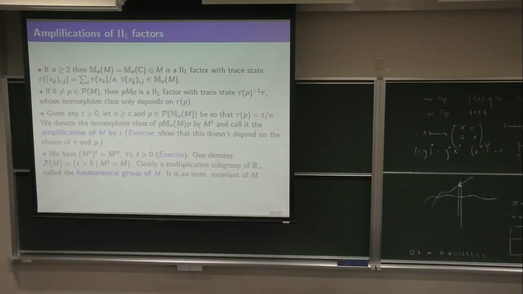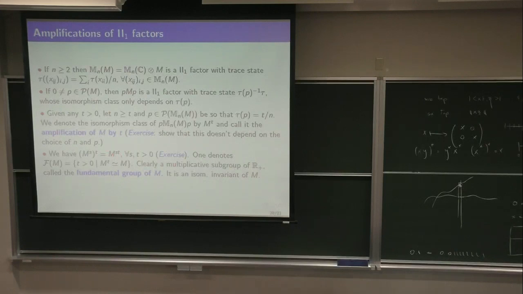So did I do it properly? I hope so. So you have this formula that M to the s, to the t, is M to the power s times t.